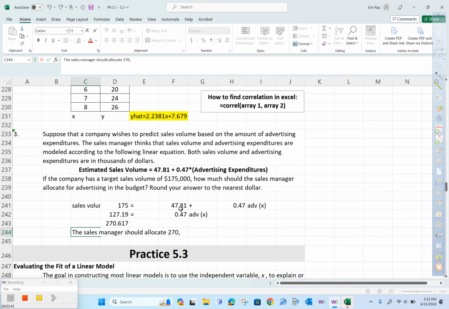We could have moved these 3 decimal places over as well, timesing them by 1,000 each, and then we wouldn't have to worry about converting. The only reason I changed that first one is so that I'd only have to change one number instead of 2. You get to pick your favorite. So they should allocate $270,617 for advertising.